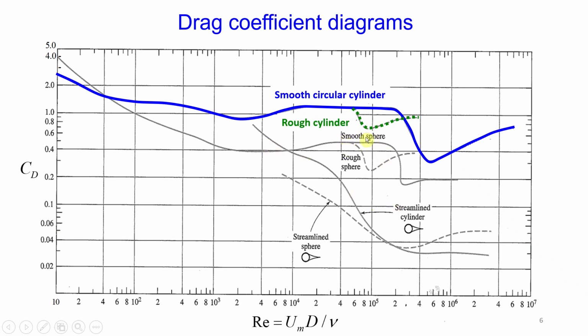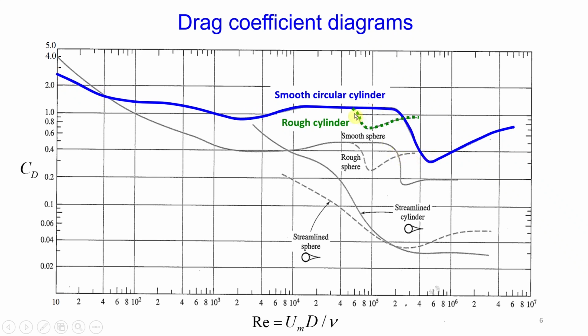Depending on what problem you are considering, you will use relevant data. In my example, I use a practical example to calculate drag force on a circular cylinder with smooth surfaces. So this will be my blue color line.